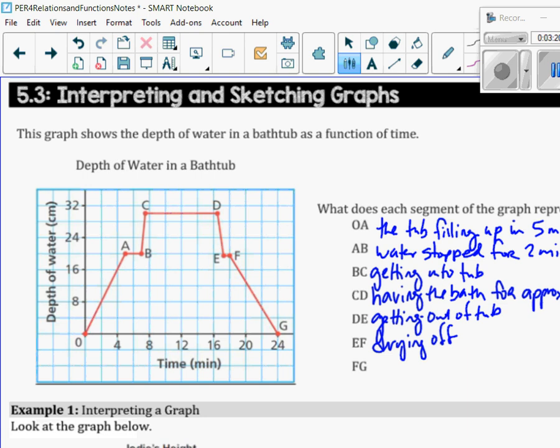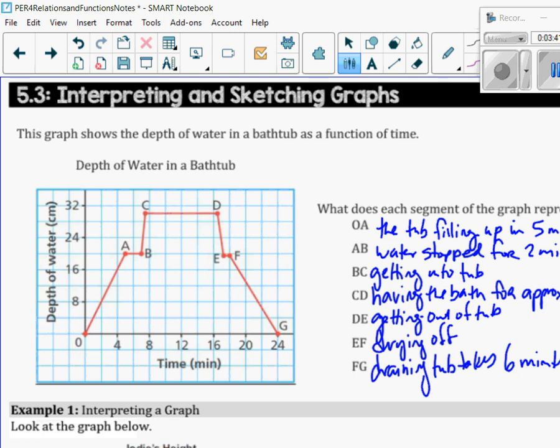Yeah, draining tub, takes how much? 6 minutes. Okay. So once you figure out what's happening, it's pretty easy to make a story for it, right?